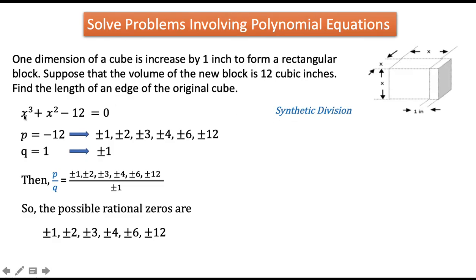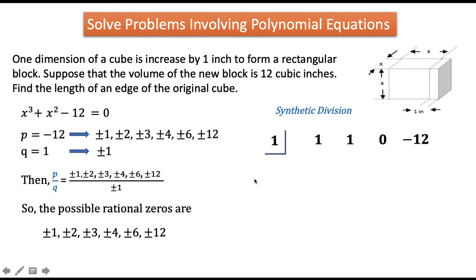So let's get started. We write the numerical coefficients of our given here. The numerical coefficient of x cubed is 1, of x squared is 1. Then notice that we have a missing term here, so that is represented by 0. And lastly, negative 12. Now, we will start testing positive 1, and this will serve as our number indicator.